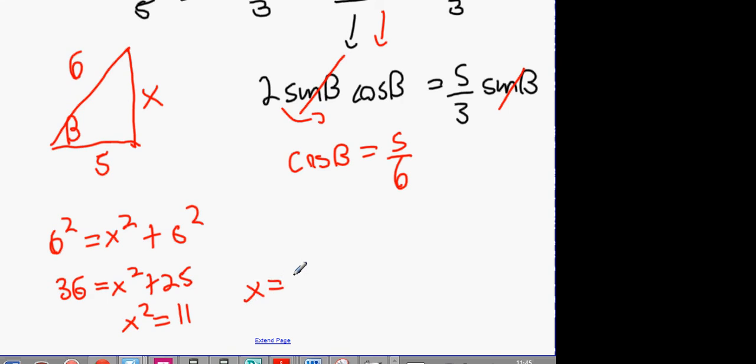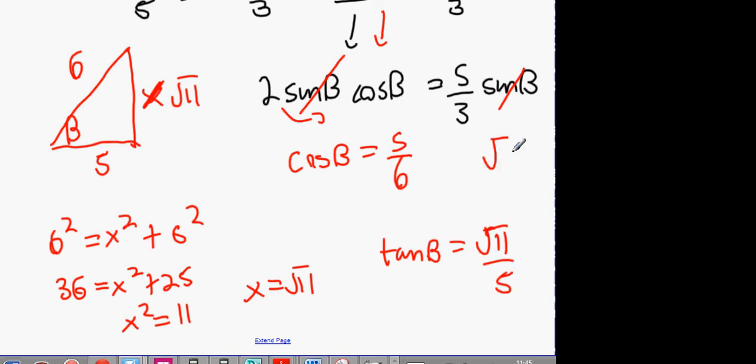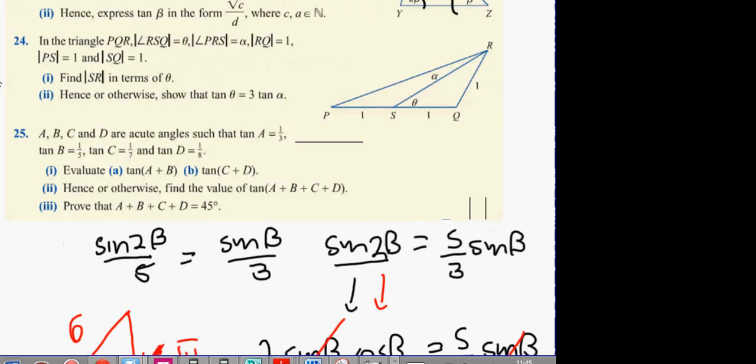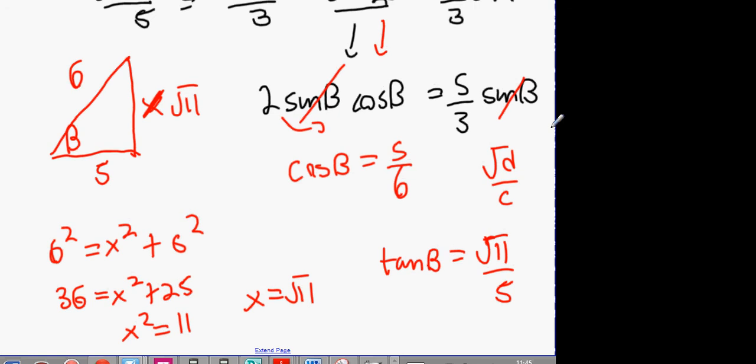X equals root 11. Now that x equals root 11, guys, what's tan B? Tan B is? Sorry, root 11 over 5. And that was written down as root C over D. So C is 11 and D is 5.